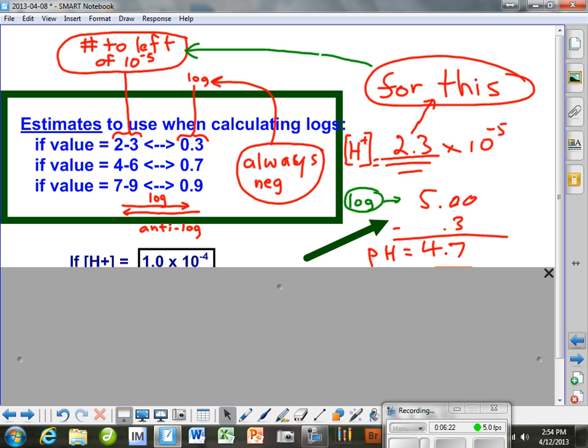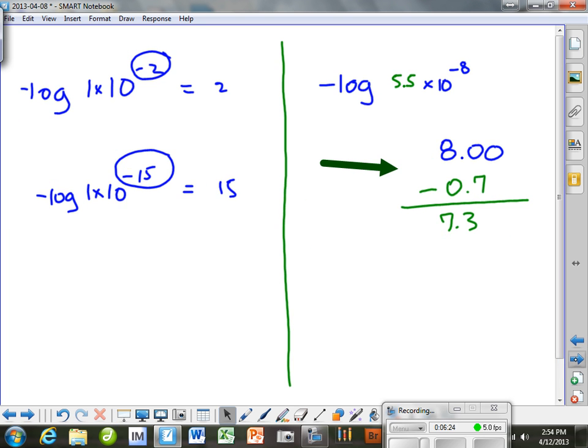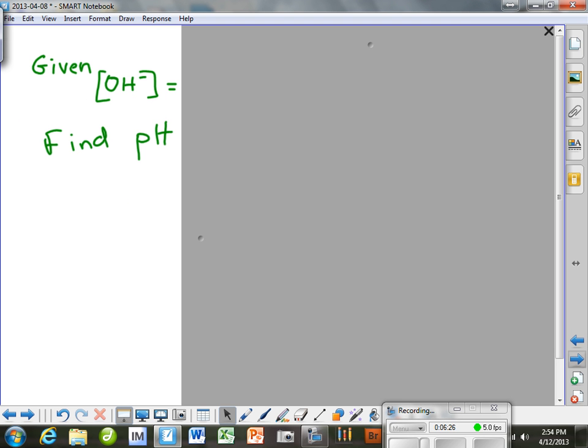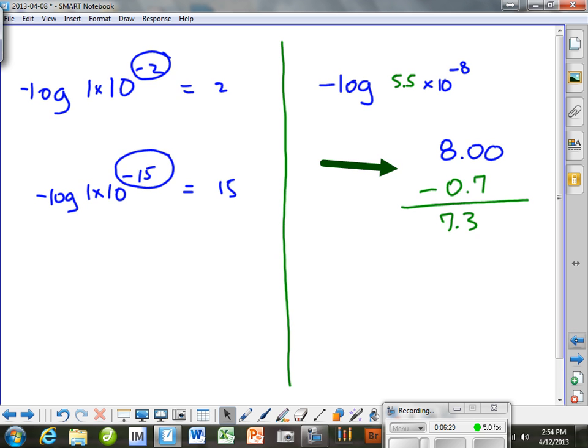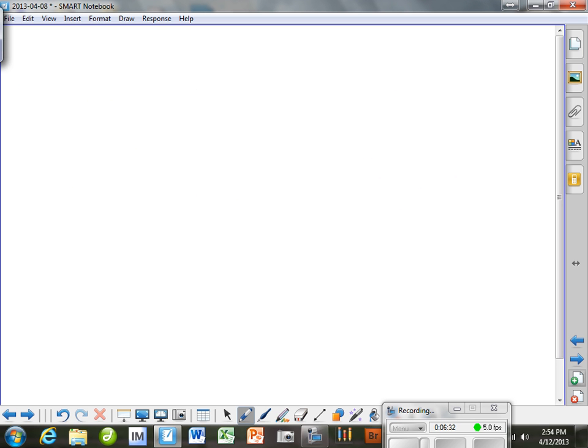Next thing I think would be very valuable for us to do is take these numbers to the left of 10 to the x.